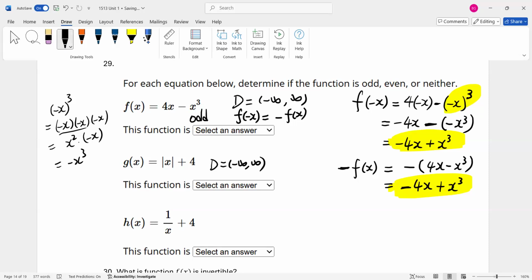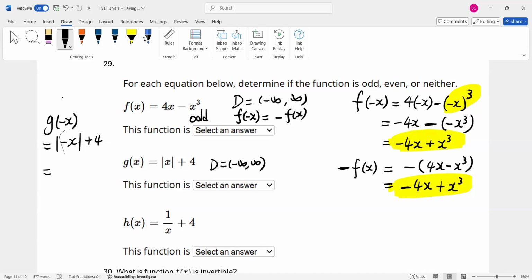And the same as earlier, I need to find some space. I'm gonna do this here. I'm gonna start from g of negative x, all right? g of x is the absolute value function plus 4. So the input now is gonna be negative x. Take the absolute value of negative x and then plus 4. We know absolute value is always non-negative, right?